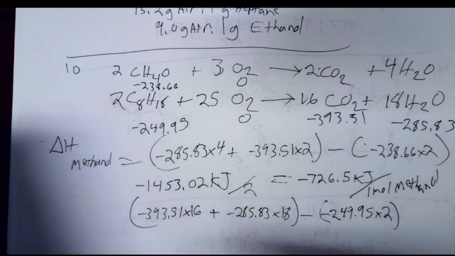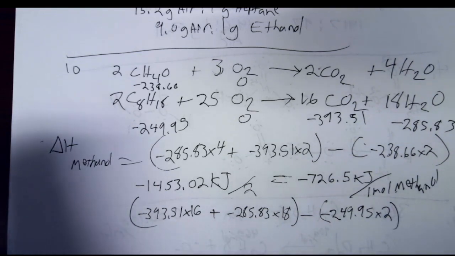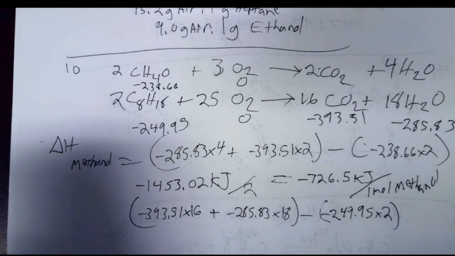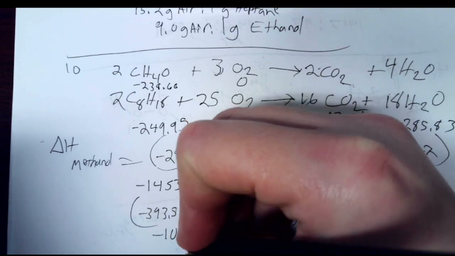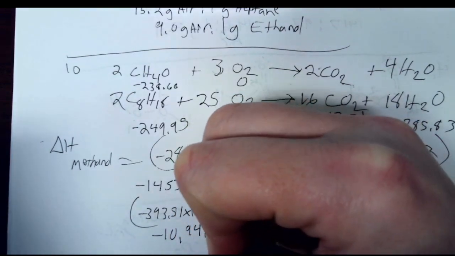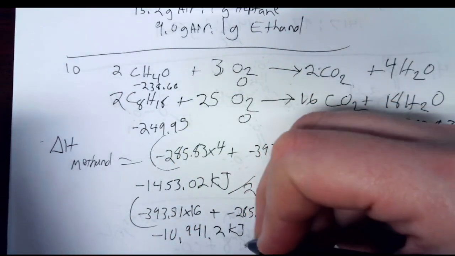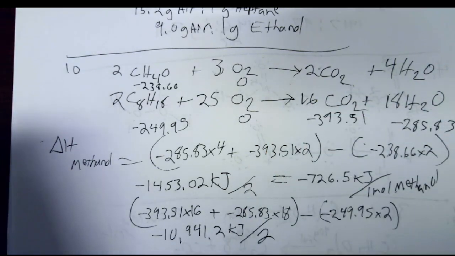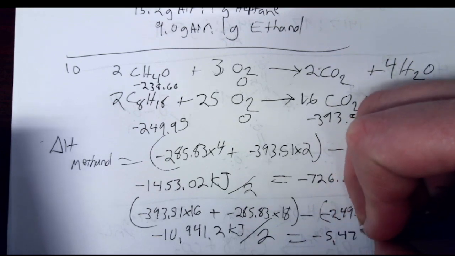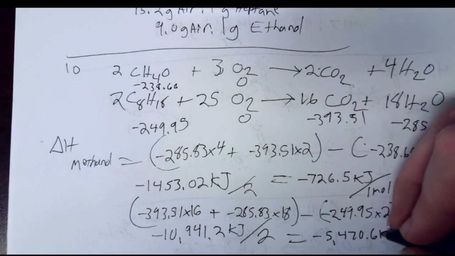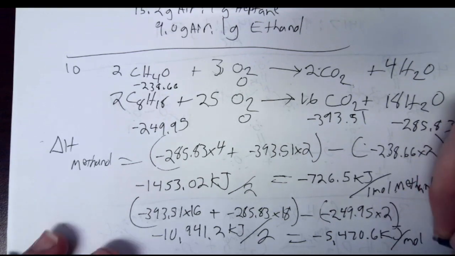So doing that quick calculation, this one's going to be a lot bigger of a number. You get something like negative 10,941.2 kilojoules, and then we divide that by 2. Still a big number, negative 5,470.6 kilojoules per mole of octane.